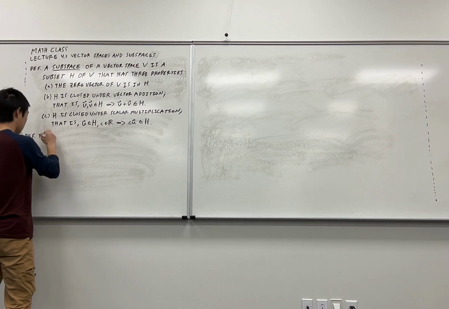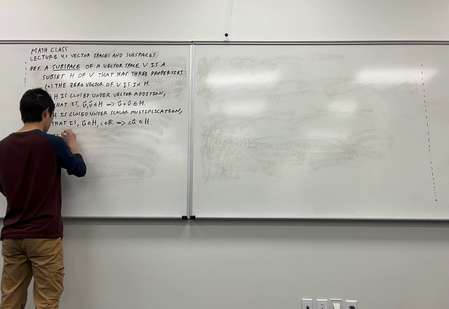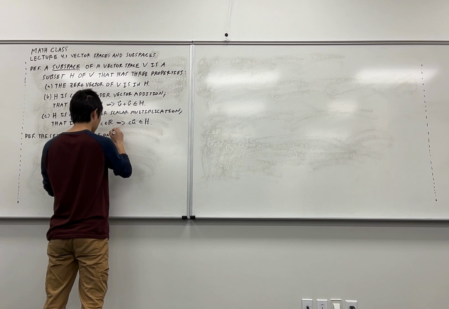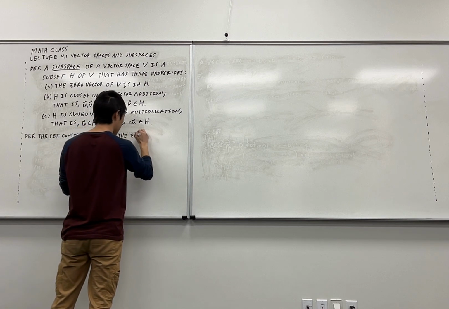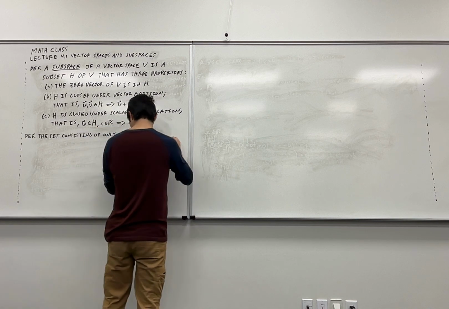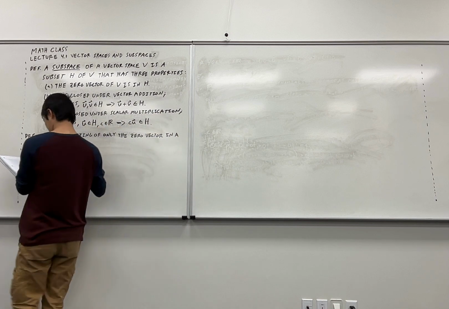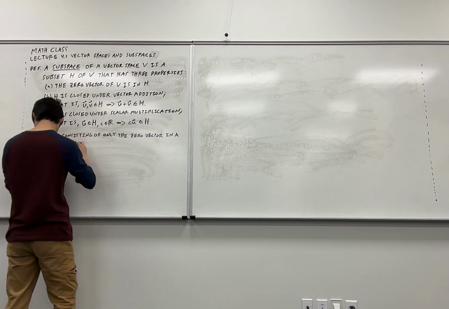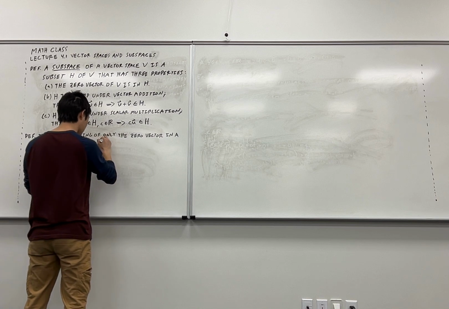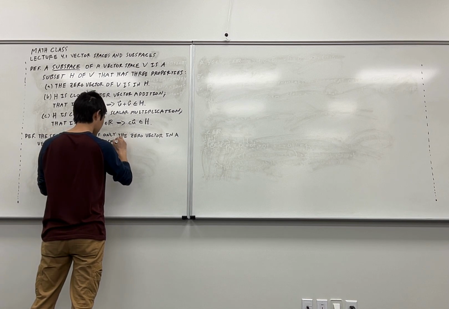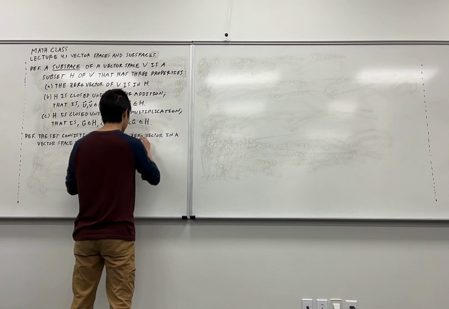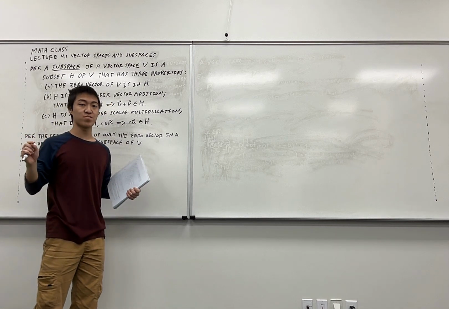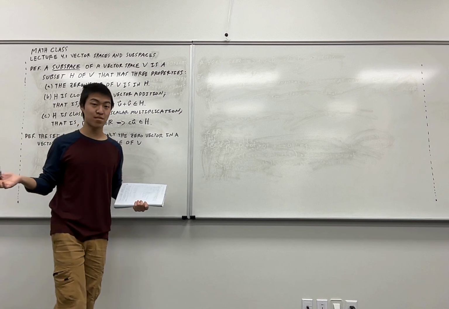The set consisting of only the zero vector in a vector space V is a subspace of V. So if I wanted a trivial subspace, you can just take the zero vector out of your original vector space and isolate it as a single subset, and boom, you technically have a subspace.